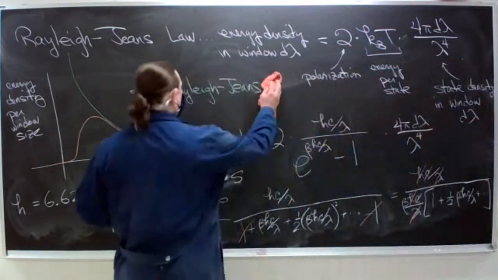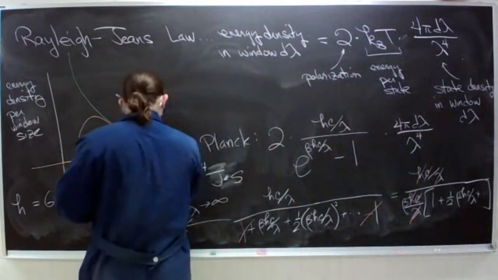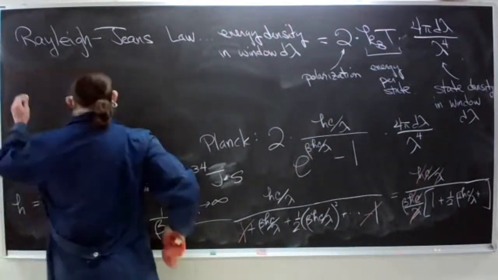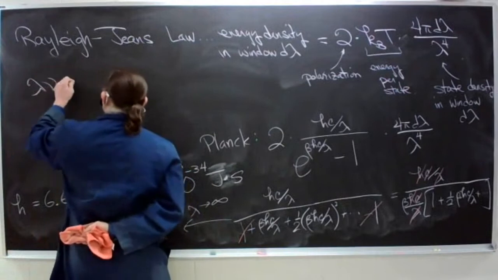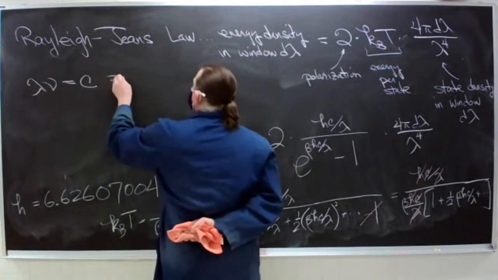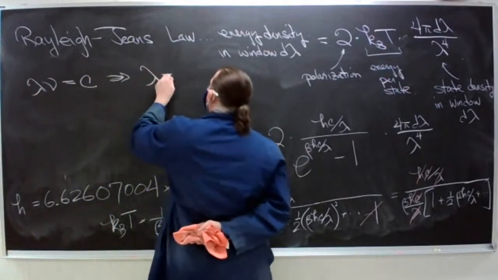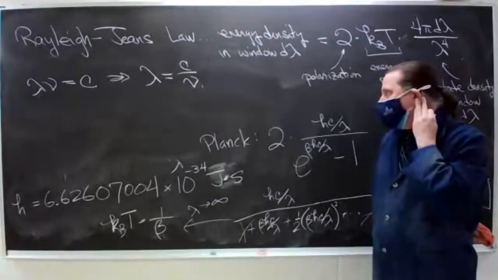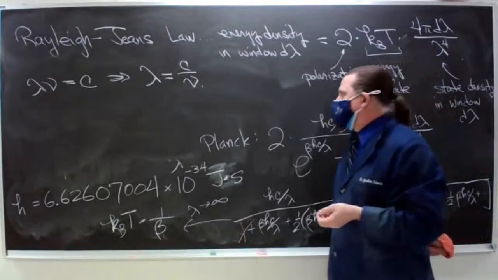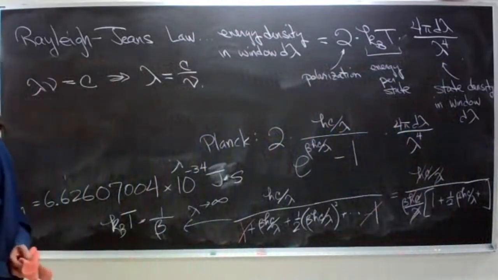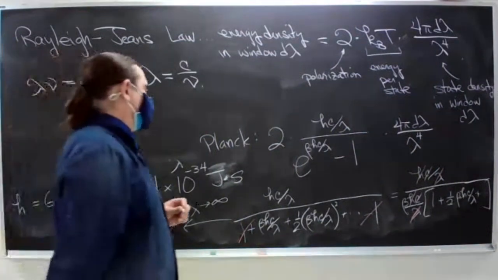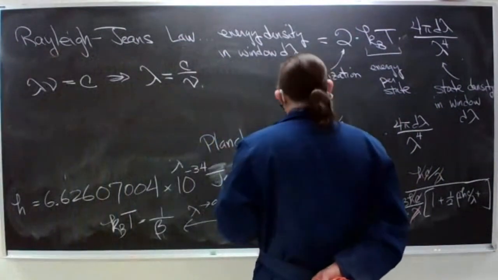Well, wavelength times frequency is equal to the speed of light. So wavelength is equal to the speed of light divided by the frequency nu. So I'm using the symbol nu for frequency here.